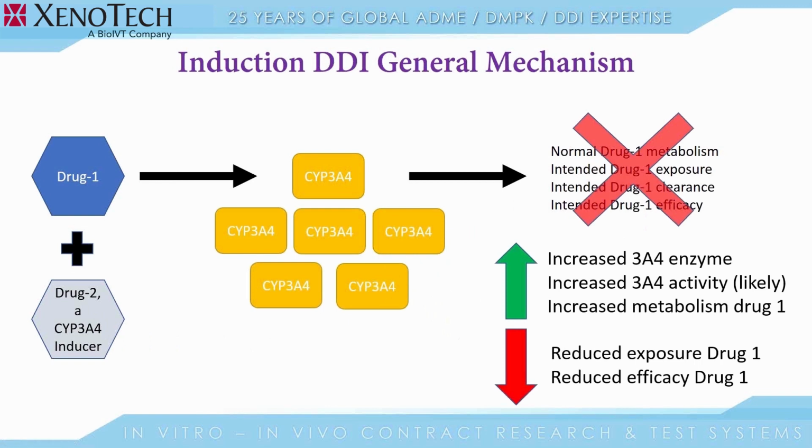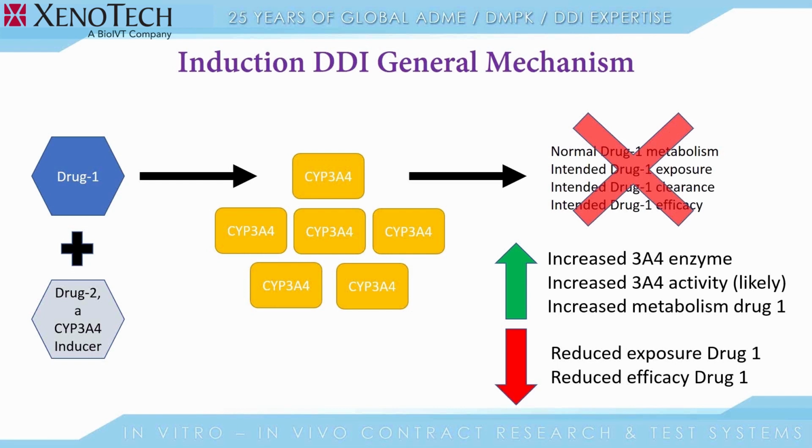This will likely lead to an increase in CYP3A4 activity. And I say likely because the presence of mRNA does not necessarily mean that it's active enzyme. The increase in active enzyme will lead to increased metabolism of drug 1. And this can lead to reduced exposure to drug 1 and reduced efficacy of drug 1.